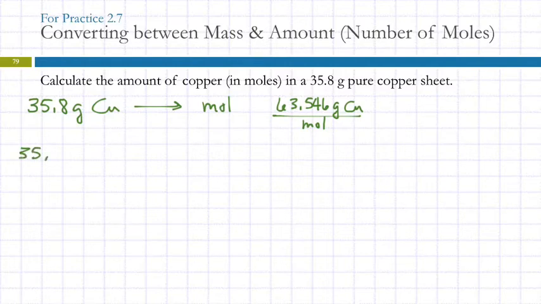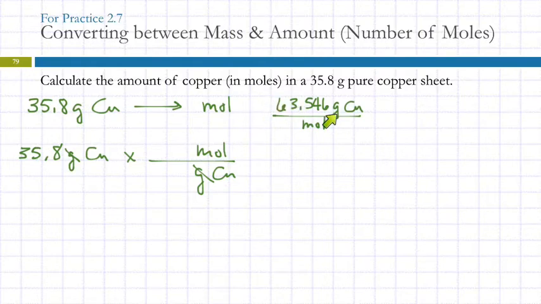So we start with our number here, 35.8 grams of copper. And I'm using my path here. I'm going from grams to moles. So grams to moles, put the moles here. And then I want grams in the bottom, so the grams cancel out. After I get the units in, I put the numbers in.